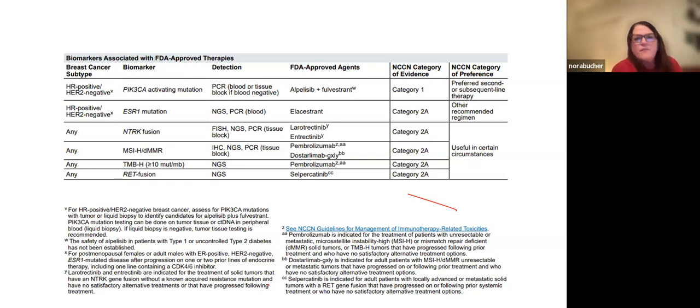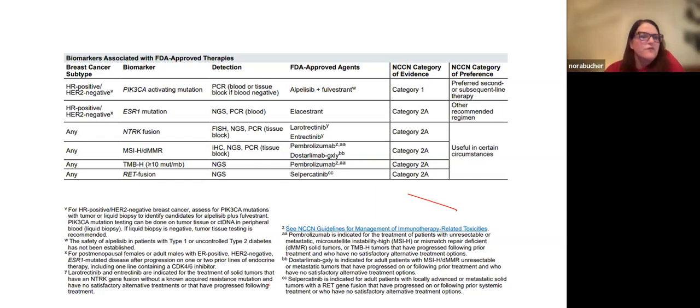And some other immunotherapy agents as listed. And then also something that's important, and we can glean that from liquid biopsy, is the tumor mutational burden. Greater than 10 mutations per megabyte, we can also use pembrolizumab. And then there's also the RET fusion, which there is a targeted therapy for.